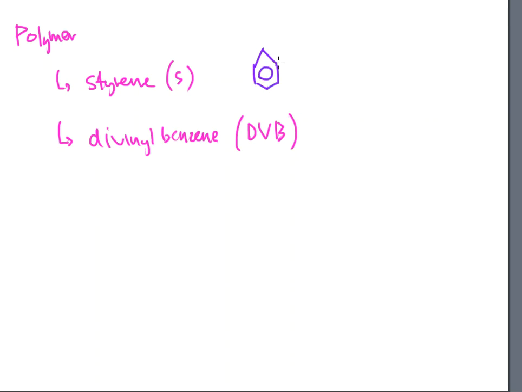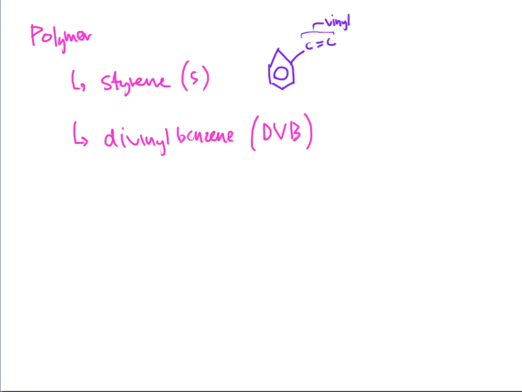And off this benzene ring, we're going to have a carbon double bonded to a carbon. This carbon double bonded carbon is called the vinyl group, and that is why this is called styrene or vinyl benzene. Styrene is more of a common name associated with the structure. But I could also call this vinyl benzene. It's the same thing. So now you've made the connection.